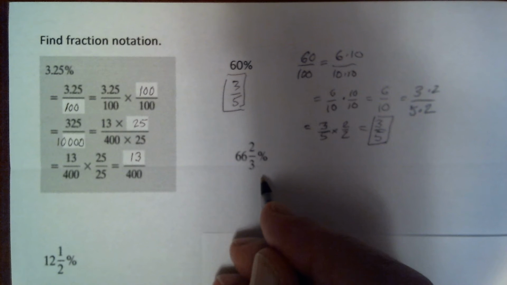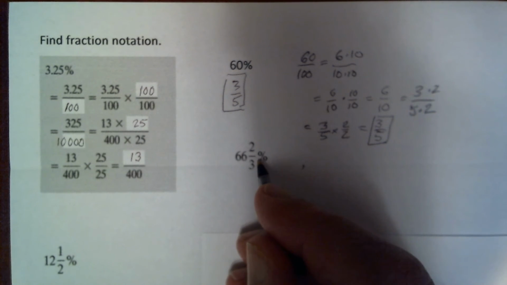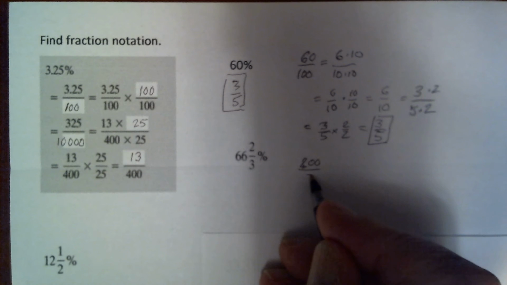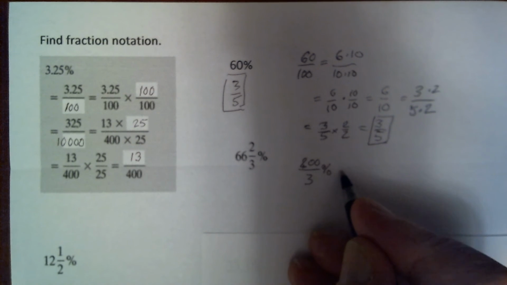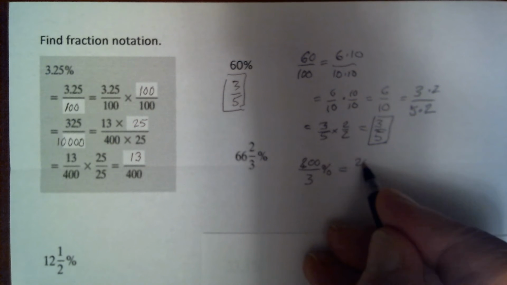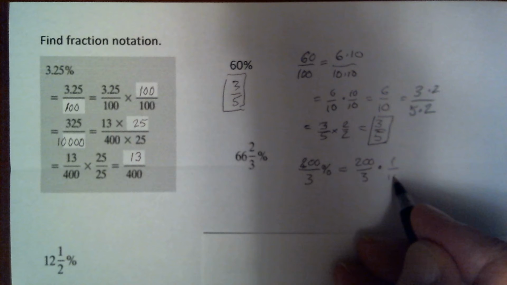For the next exercise, 66 2/3%, we can convert 66 2/3 into a fraction, 200 thirds percent. And since percent means 1 divided by 100, we write this as 200 divided by 3 times 1 divided by 100.